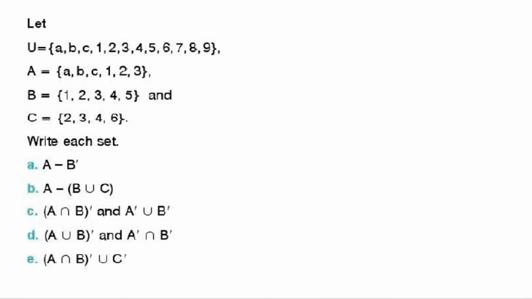A difference B complement. Since I don't have the B complement yet, I will solve B complement first. So B complement can be written as the universal set minus B. The universal set is this one. It's so long, so I will not write it anymore. I guess my example that I discussed earlier is enough.